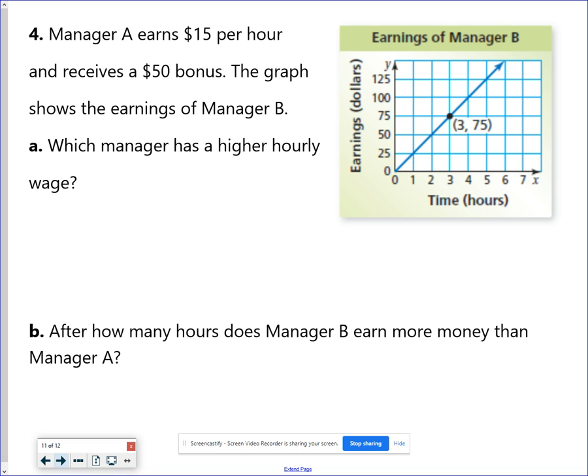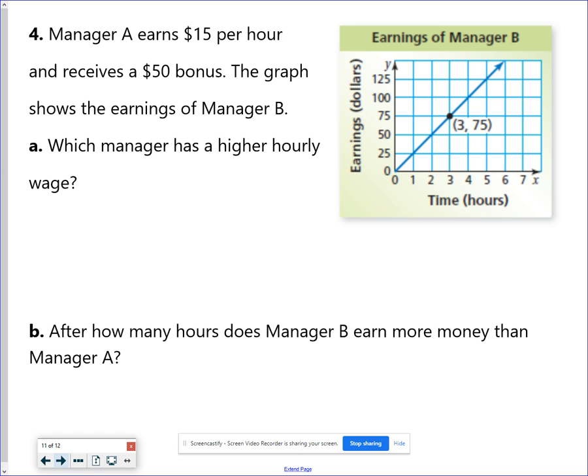So now, what if manager A earns $15 per hour and gets a $50 bonus? And manager B, this other person, they just have their line graphed there already. So which one has a higher hourly wage? If we look at manager B, for 3 hours of work, they make $75.